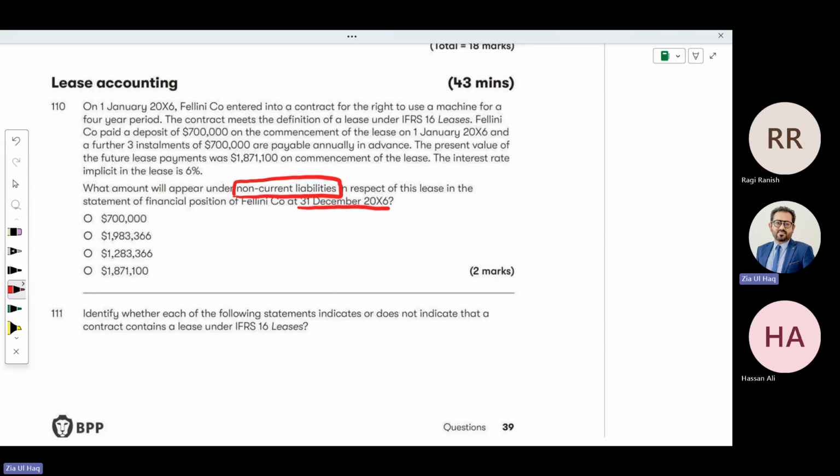On 1st January 20x6, a company entered into a contract for the right to use a machine for a 4-year period. The contract meets the definition of a lease under IFRS 16.